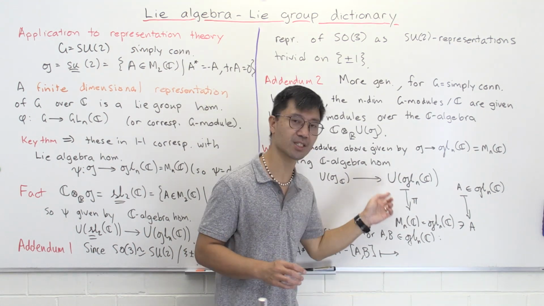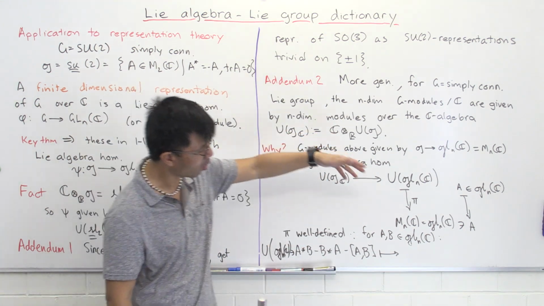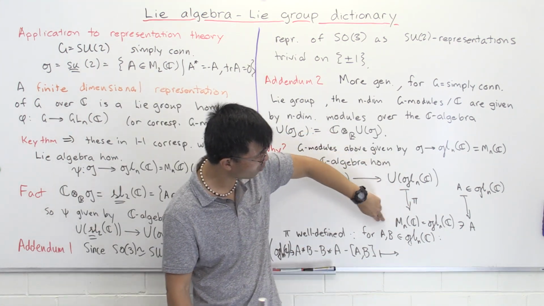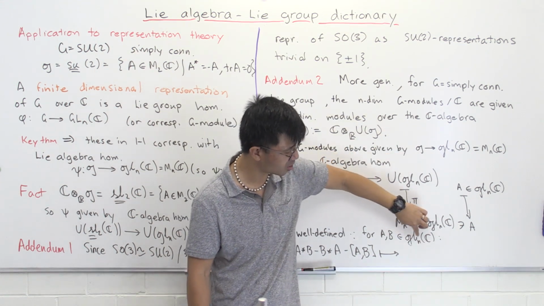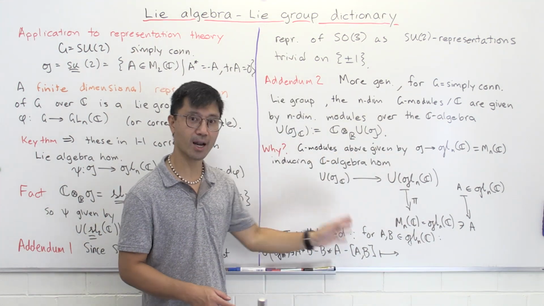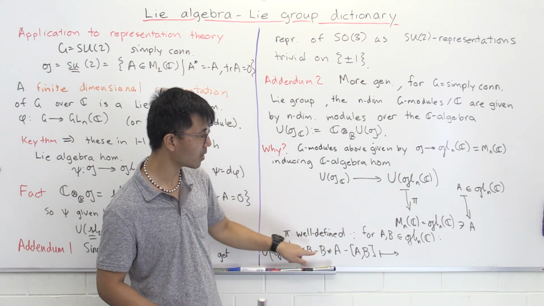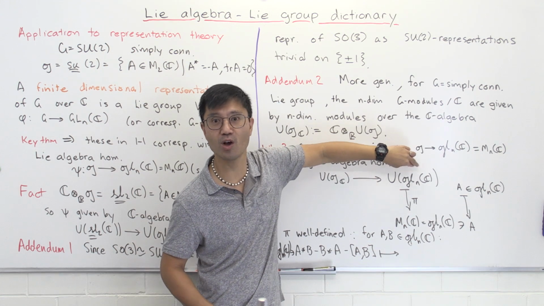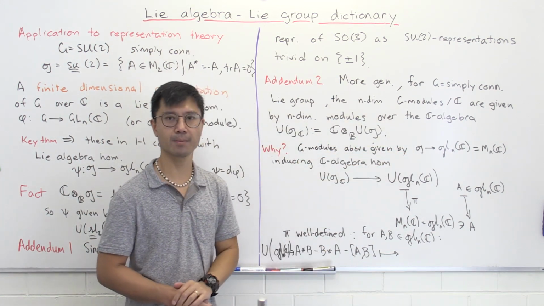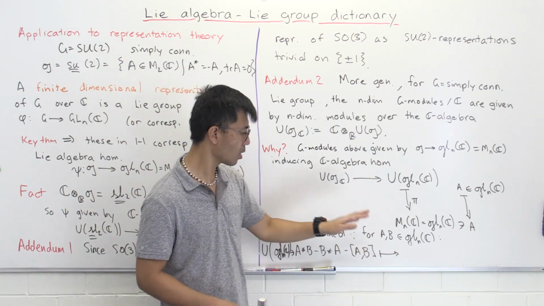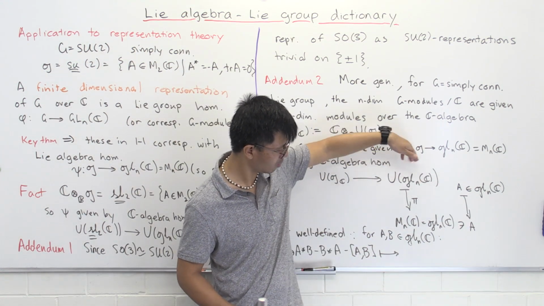So remember what the relations are in the universal enveloping algebra. They all have this form: given any pair of elements in the Lie algebra, so any pair of generators A, B inside GLNC, the relations have the form, where the star I'm going to use to be multiplication inside the universal enveloping algebra, A star B minus B star A is equal to the Lie bracket of A and B inside GLNC.